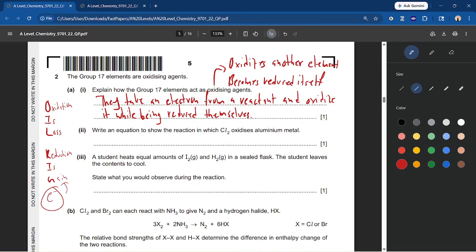So there we go, 1 mark. Nothing too complicated, nothing too difficult. So as long as you mention that they remove an electron from a reactant, then you'll be fine.